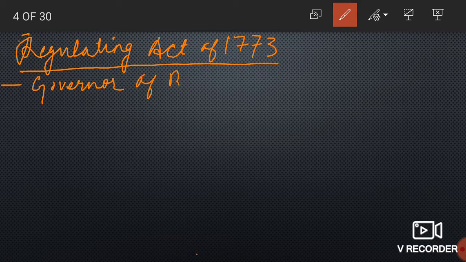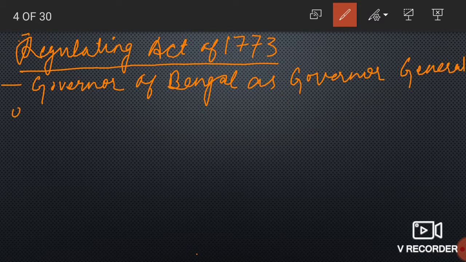There was a Governor of Bengal. By this act they made the Governor of Bengal the Governor General of Bengal. The major provinces under the British were Madras, Calcutta, and Bombay. Bengal was a rich province at that time.